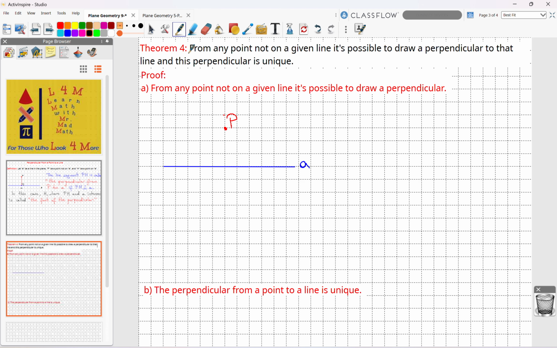The first part is we need to prove that it's possible to draw a perpendicular from our point to our line. This is written in A. And the second part of our proof is we need to prove that that perpendicular is unique. So there is only one single perpendicular.